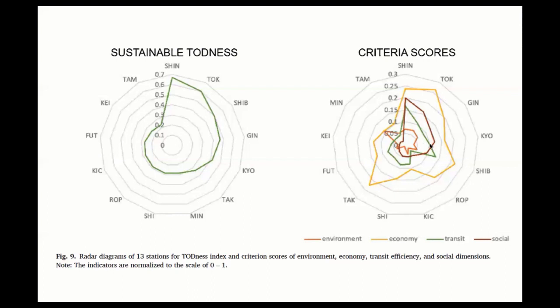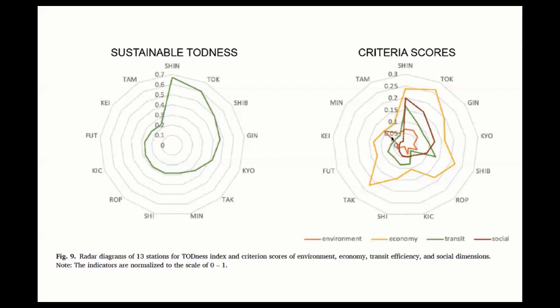But that's because they gave the environment criteria a relatively low influence. So it's only comparable on a relative scale. You only compare between different stations, as opposed to comparing the social score with the transit score, because they're not directly comparable. They're on a relative scale.